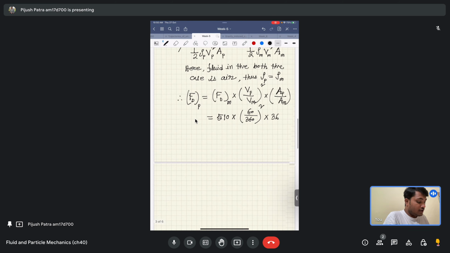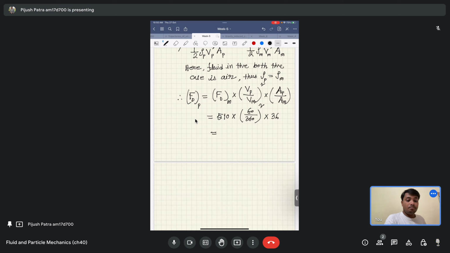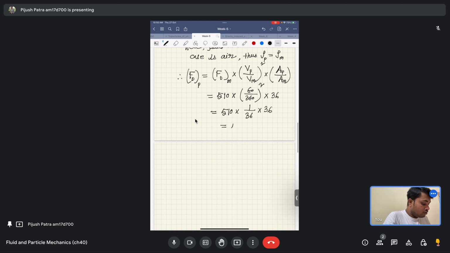That is already given in terms of the geometrical similarity, because the model is 1/6 of the prototype in terms of geometry. So it is 510 into 1 by 36 into 36. So this is equal to 510 Newton.